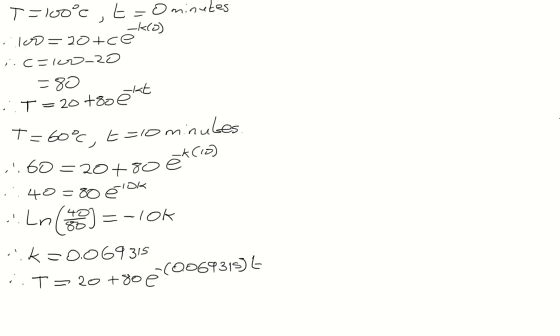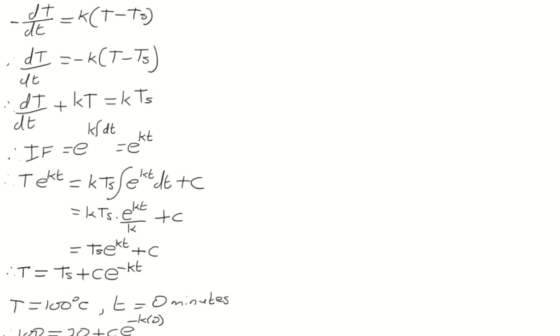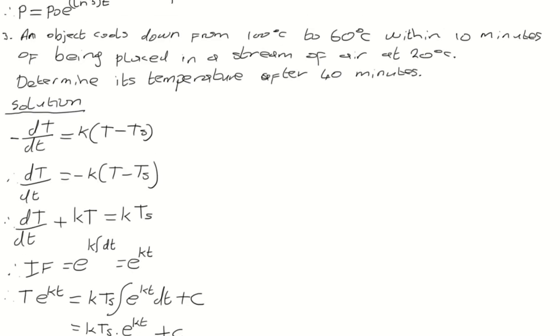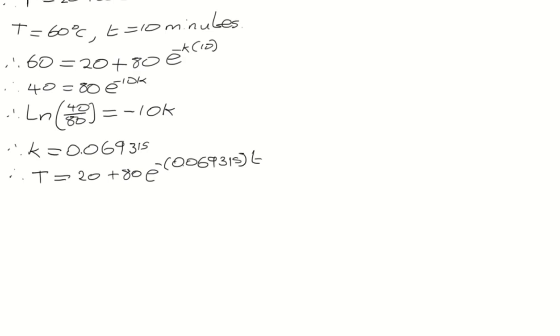So the next thing that we have now is, already we have obtained all the values that we had to get from some given conditions. Really now what we have to do is to apply this equation. So let us see how do they want us to apply it. So they say determine what the temperature is after 40 minutes. Okay, it's a simple application.